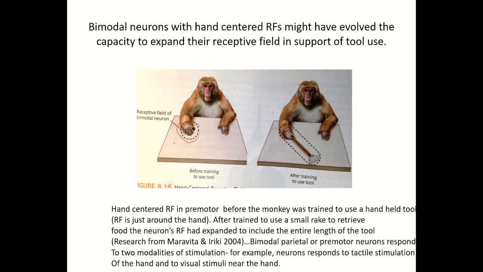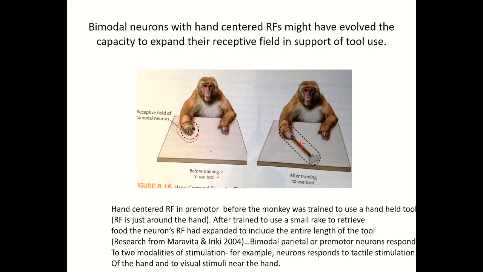And this is the receptive field size before the monkey was trained to use tool. And then the monkey was trained to use the tool to perform the task. This is the tool, extended hand, we can say.